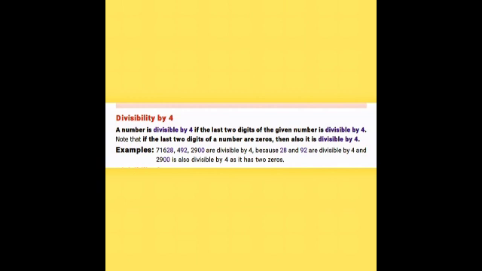Consider the example 71,628. In this number, the last two digits are 28. Does 28 come in the 4 table? Yes, 28 comes in the 4 table, so the number 71,628 is divisible by 4.